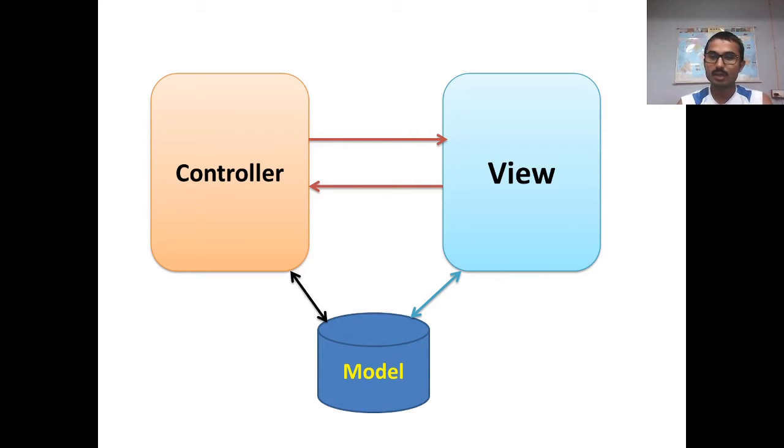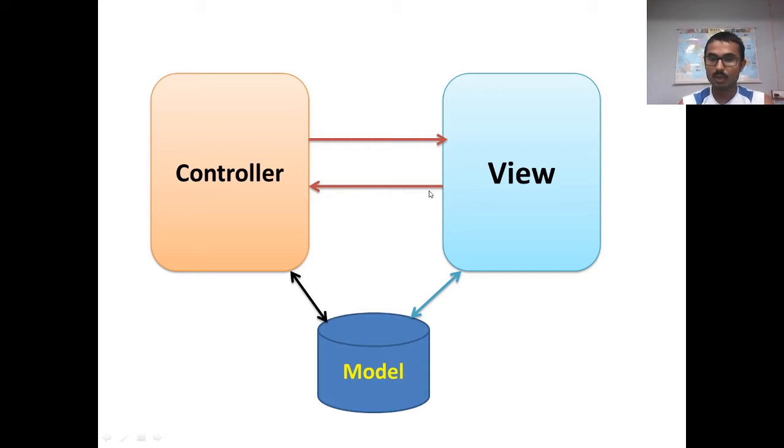The controller will make use of the model. The model is nothing but a data object. Whenever we need any data from the server, the controller will hit an API request, get data from the API, put it in the model, and from the model the view will use the respective model data as specified in the controller. In this way it will work.